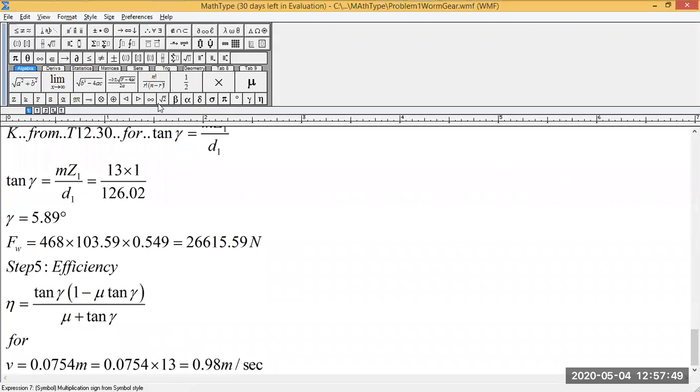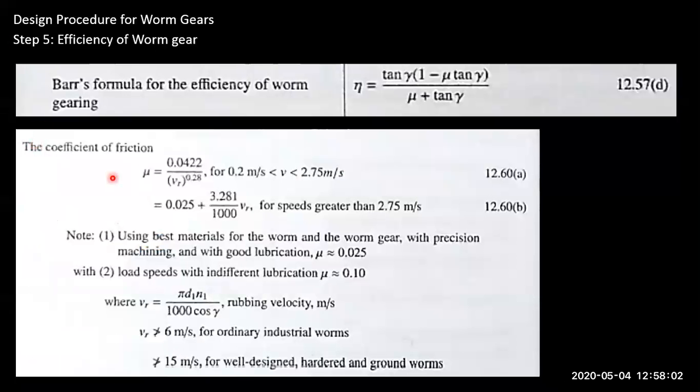So that's our velocity. For this value of velocity, we have to use equation 12.60a, for velocity between 0.2 and 2.75. So we have to carry out this operation to find mu.